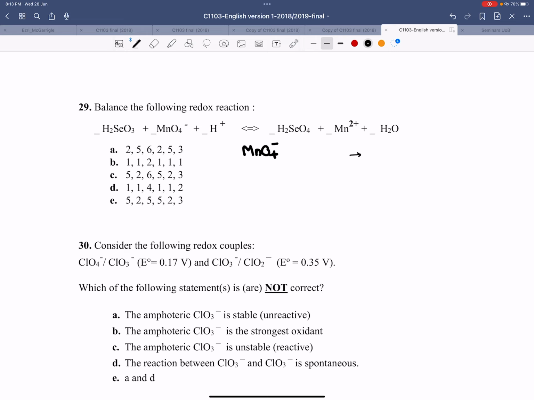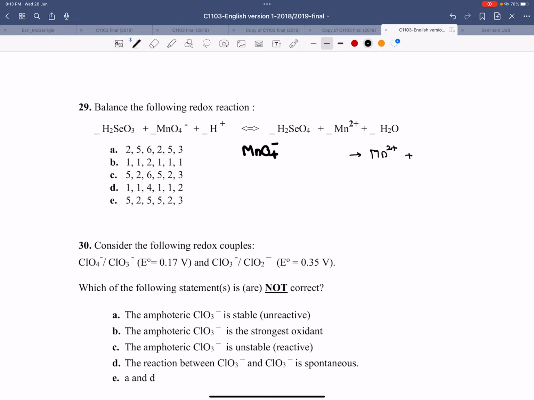Okay, so MnO4 minus in a reduction reaction will yield Mn2 plus. Remember, this is something that you have seen several times in your course. So all you have to do is start by balancing your atoms.